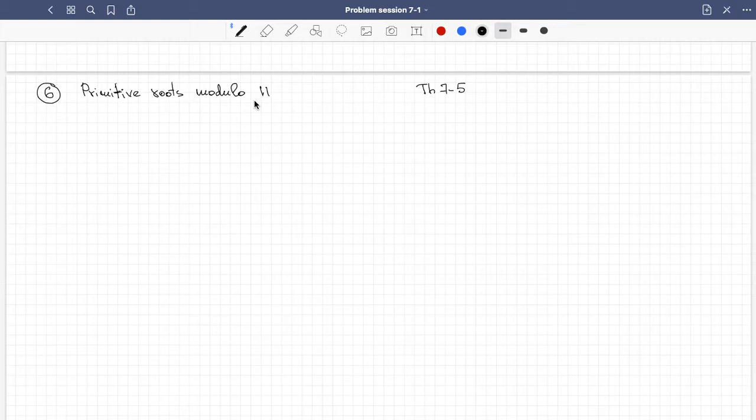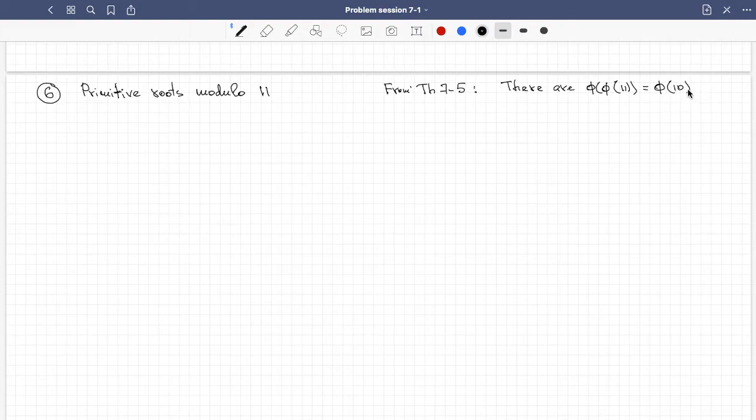So from theorem 7-5 we conclude that there are phi of phi of 11, which is phi of a prime, prime minus 1, so phi of 10.